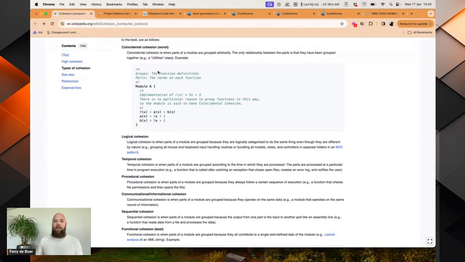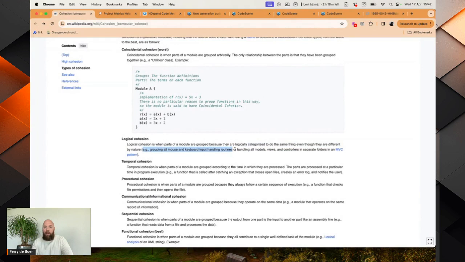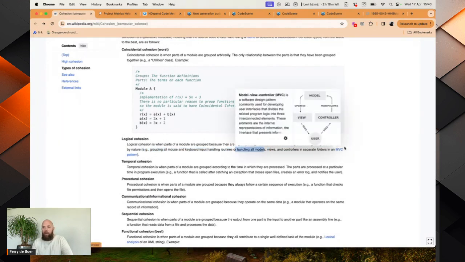So coincidental cohesion is basically arbitrary grouping of methods and code. And what I think is interesting about the logical cohesion is that it says when parts of a module are grouped because they are logically categorized to do the same thing, even though they're different by nature, e.g., grouping all mouse and keyboard input handling routines, or bundling all models, views, and controllers in separate folders in an MVC pattern.